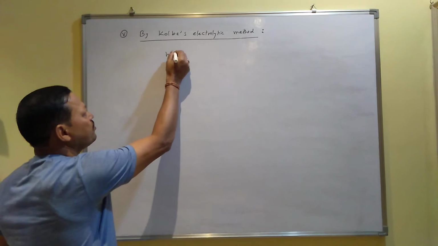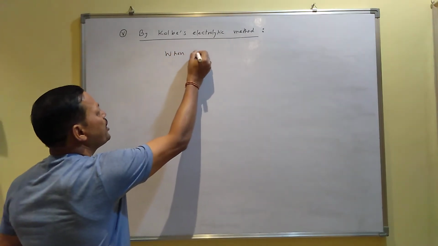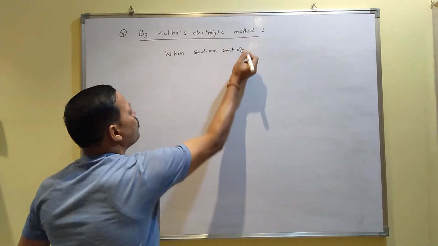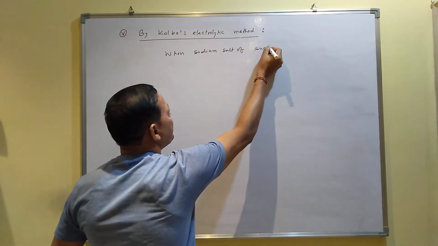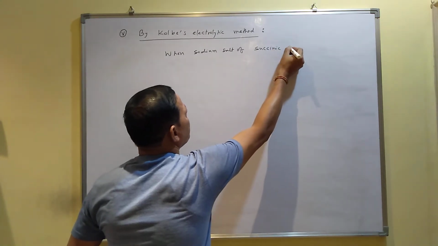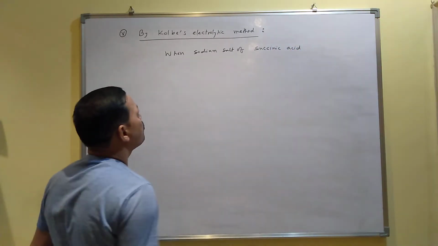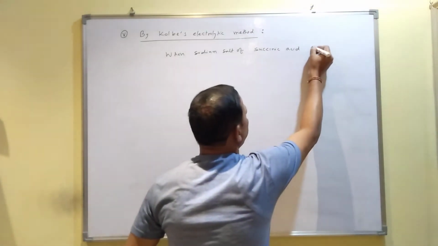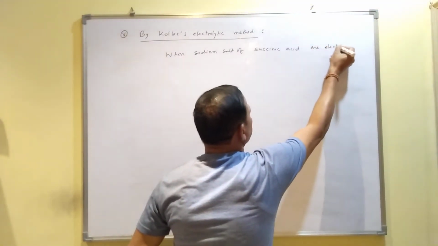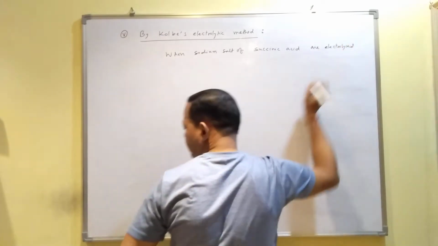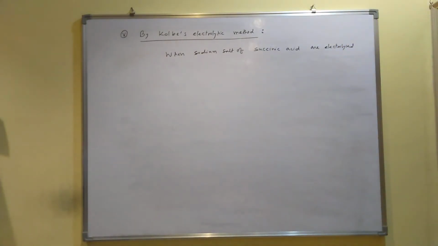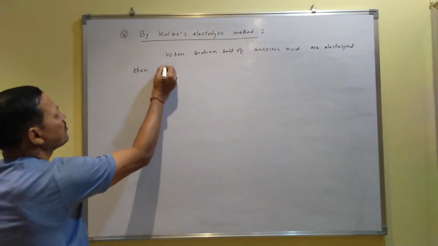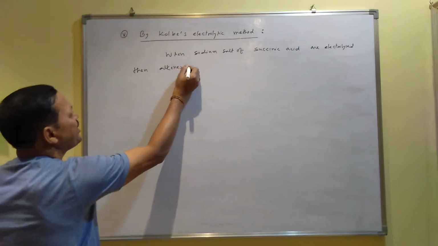When sodium salt of succinic acid, this is one example of a carboxylic acid, is electrolyzed, then alkenes are produced.